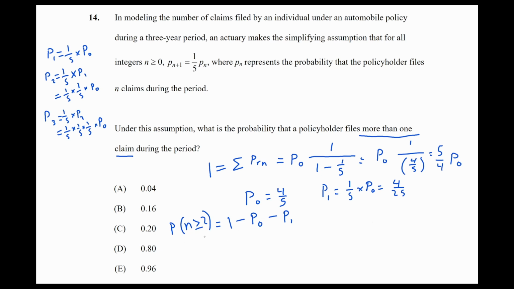Now we can solve our final equation, probability n greater than or equal to 2, which is going to equal 1 minus 4 over 5 minus 4 over 25, which is equal to 0.04. And that's going to be the answer.